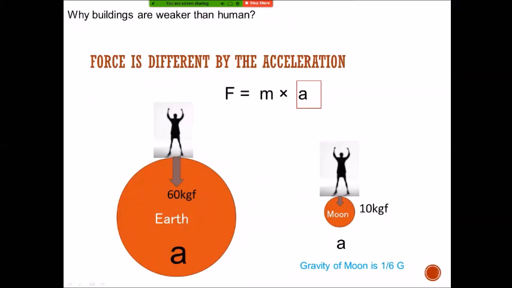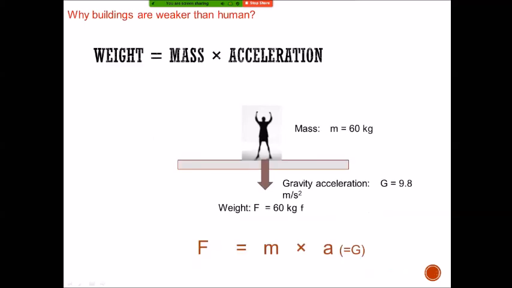So it means if acceleration goes down, our force goes down. So weight is equal to mass into acceleration. If we have 60 kg mass, considering gravity, we consider a 60 kg force, where A is equal to gravitational acceleration.